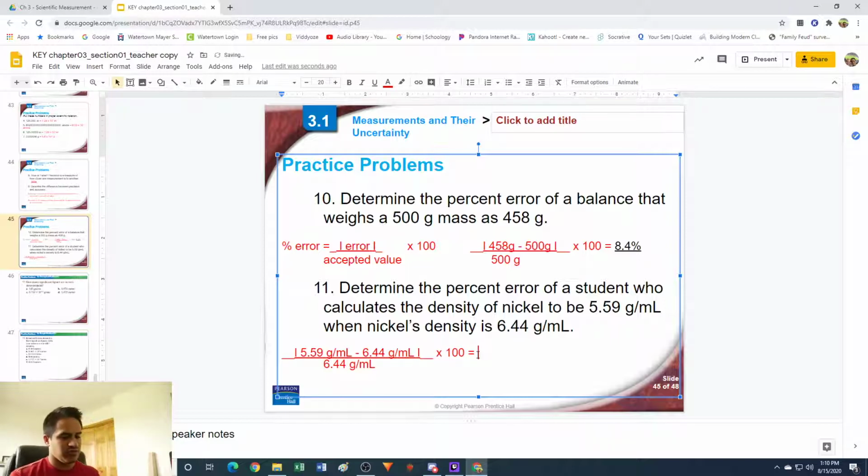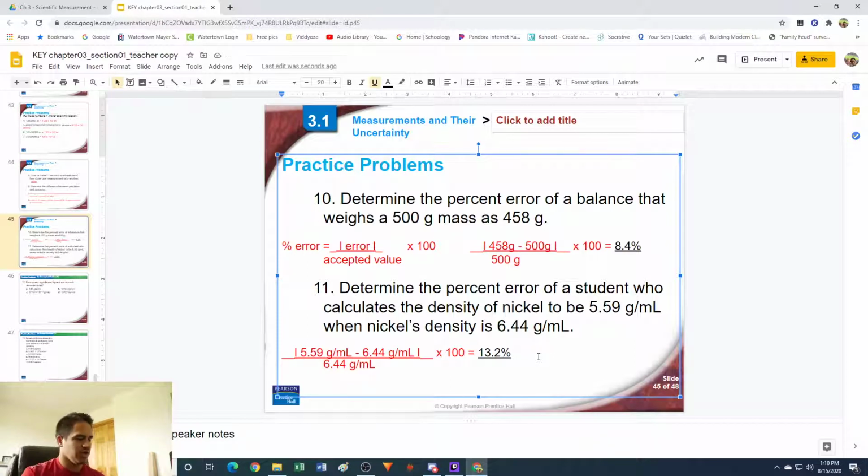Okay, so if we do this on a calculator, we get 5.59 minus 6.44, divided by 6.44, and then times 100, and we get a percent error of about 13.2%. Okay, that is our percent error. Make this black so it stands out. So 13.2%. So that's a pretty large percent error.